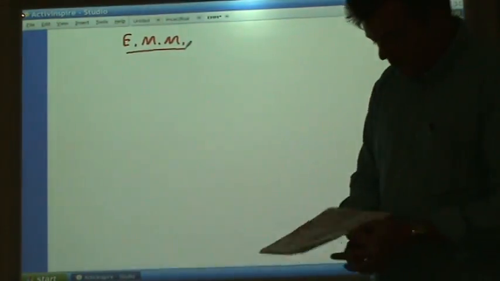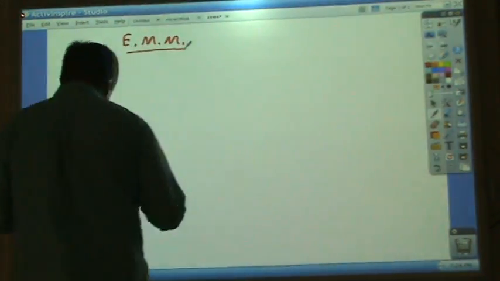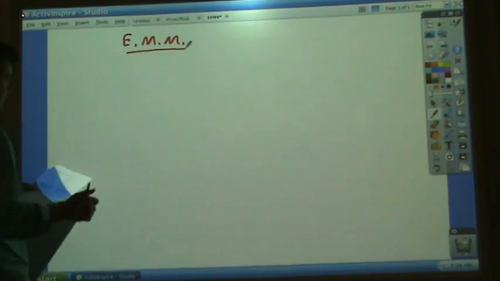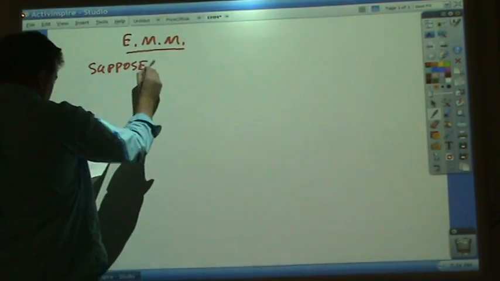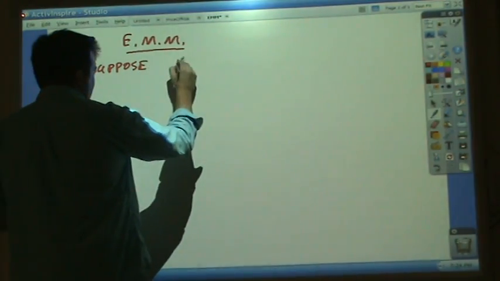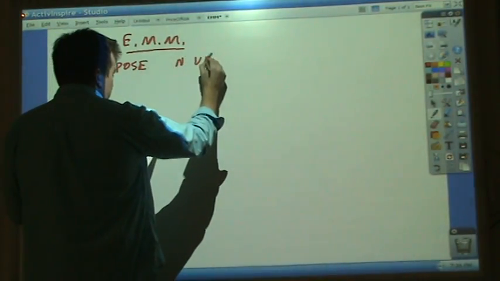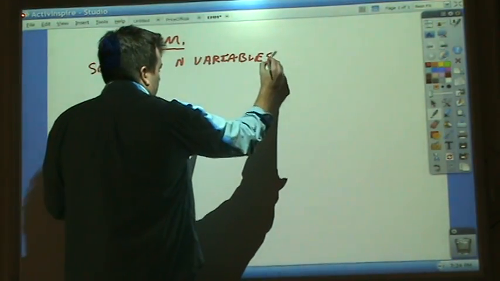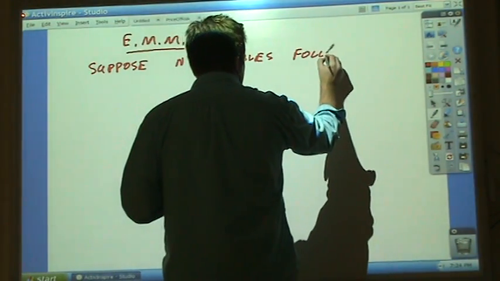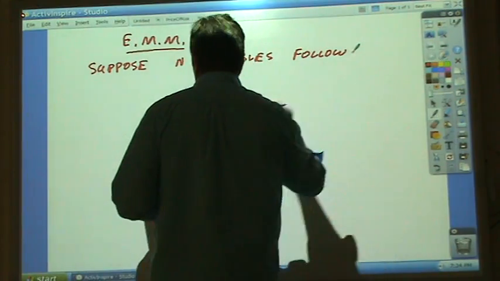Okay, so I just want to continue where we were just before. We'll go over an example now. Suppose that we have n variables that follow a stochastic process.